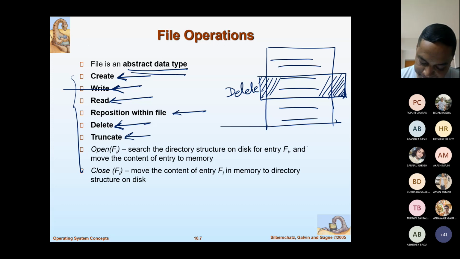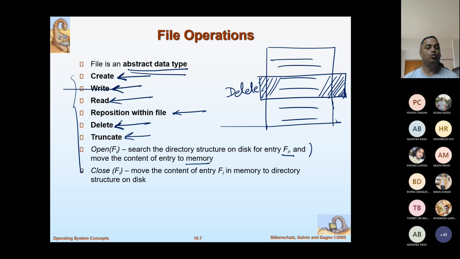Next, you can open a file: search the directory structure on the disk for the entry of the file Fi and move the content of the entry to memory. That means you have already a file in one of the directories or subdirectories, and you want to open it.